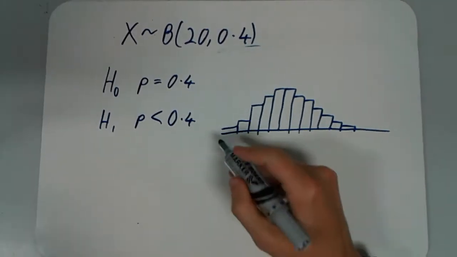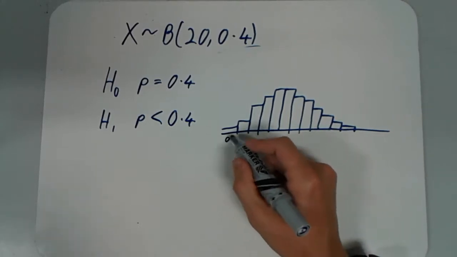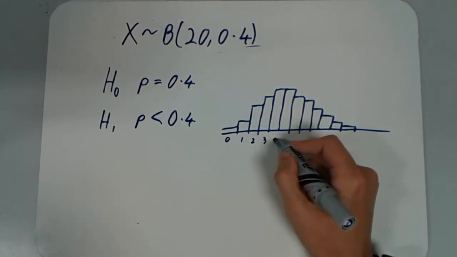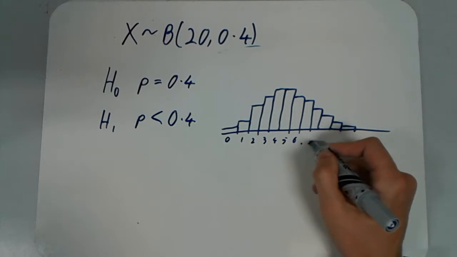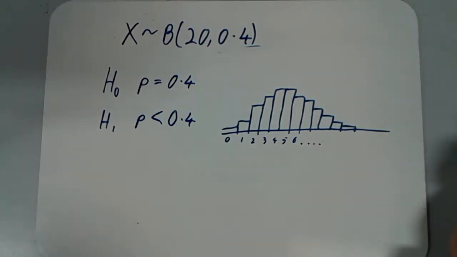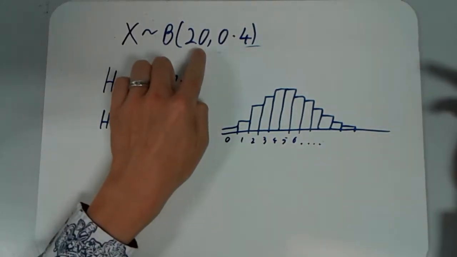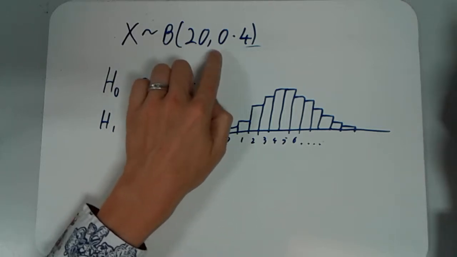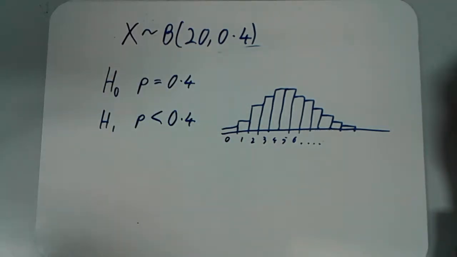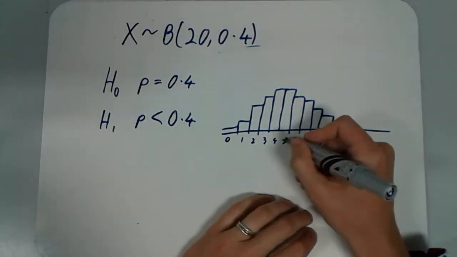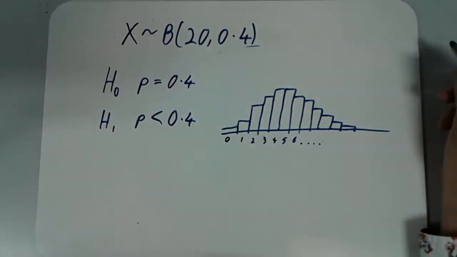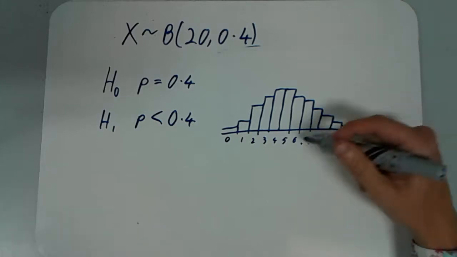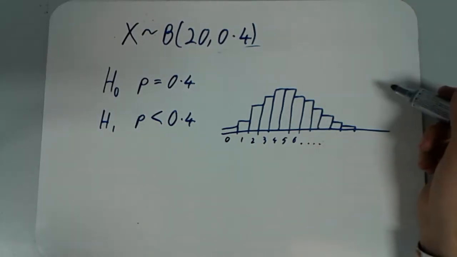So for example, maybe this is 0, 1, 2, 3, 4, 5, 6, and so on. Our one we would expect to be centred on about 8 as the most likely, as 0.4 times 20 gives us 8. But that's the general shape of most binomial distributions. You can see that if you look at the GeoGebra file attached.